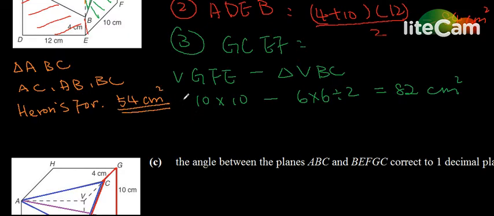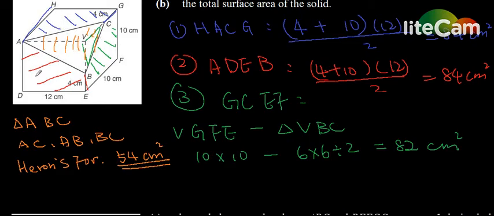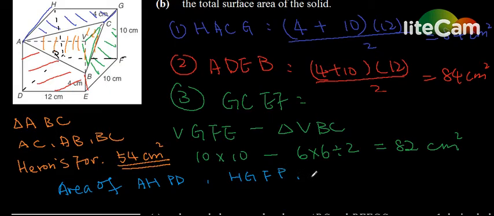And then we need to find the total areas. We still have 1, 2, 3, 4, 2 squares and 2 rectangles. And at the back over there, we have this one, and we mention this as P. It means that we still need to calculate the area of AHPD and then HGFP and then DEFP.